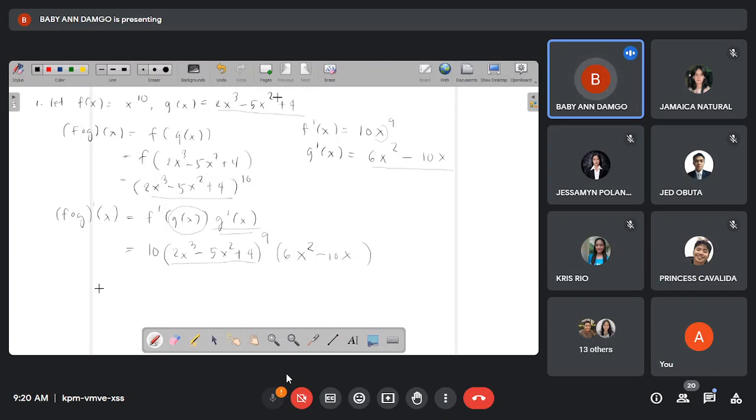So we earlier came up with this formula in the power rule: n times u to the power of n minus 1 times u prime. So if you observe, your u here is 2x cubed minus 5x squared plus 4, and u prime is its derivative. So that is the idea of the chain rule.